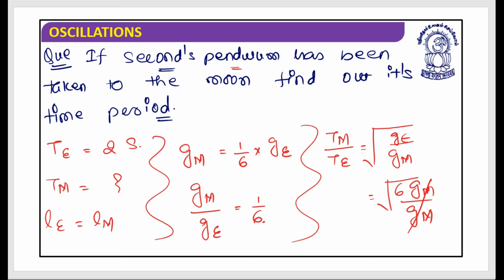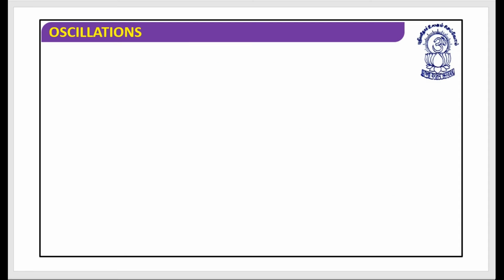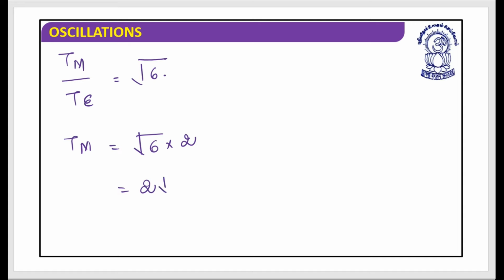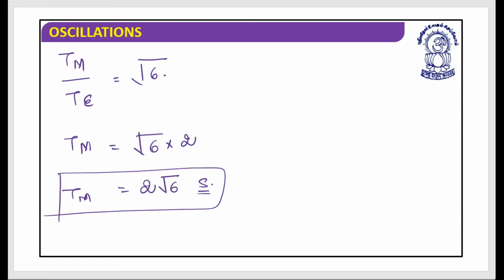So this has gone, and I have been left with Tm by Te equal to root of 6. So this is root 6 into time period on the earth. It is 2 seconds. So this is 2 root 6 seconds. This is the time period of seconds pendulum on the moon.